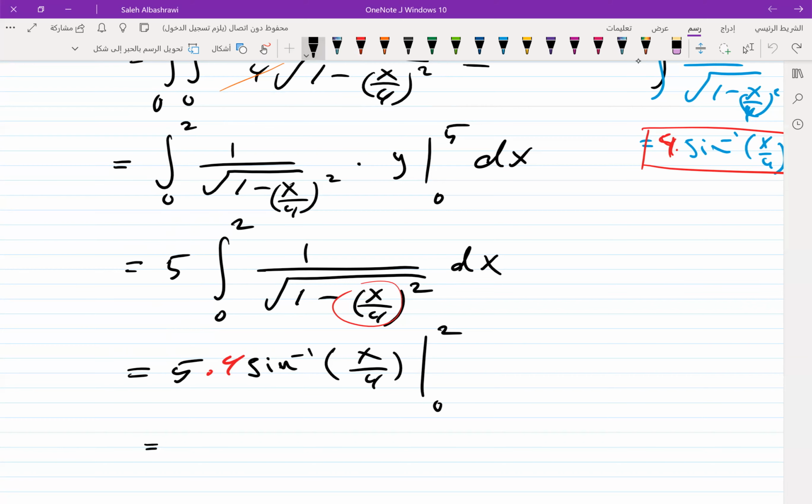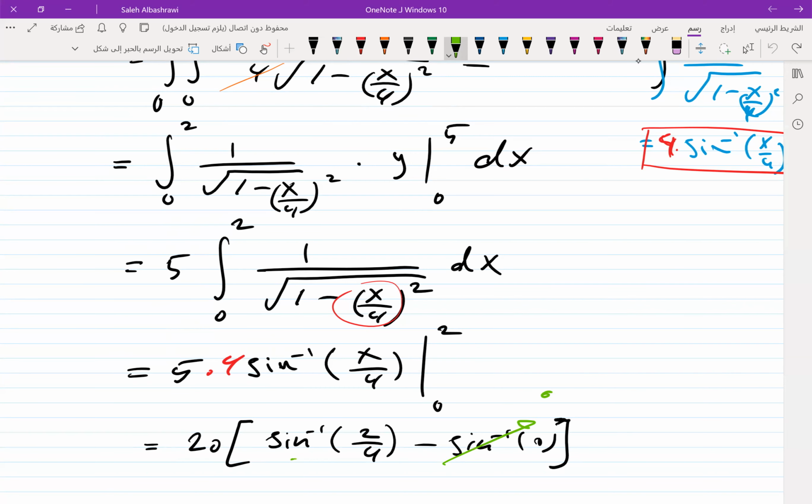That will give me 20 multiplied by, replacing x by 2, sine inverse of 2 over 4, which is 1/2, minus sine inverse of 0. This is 0, and this is pi over 6.